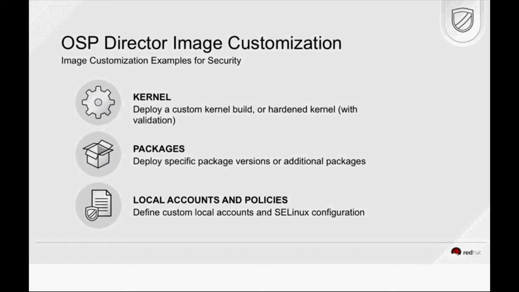If you have additional local accounts or additional SELinux policies or any other general across-the-board requirements or policies that you define in your standard images when you deploy an OpenStack infrastructure, these can be included in a customized image. And basically, you're then able to use this image with all of these policies or changes defined in your deployments of all of your OpenStack nodes, both control and compute.